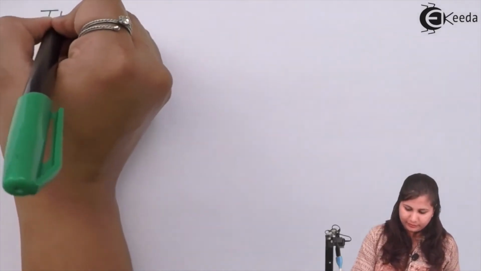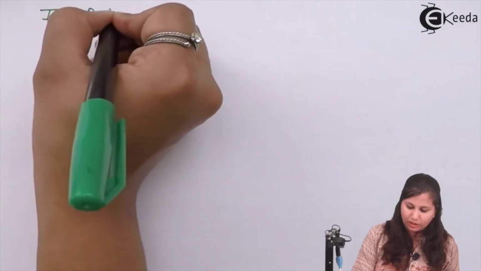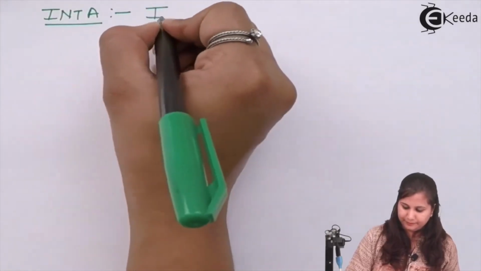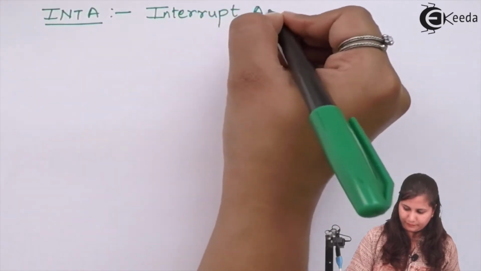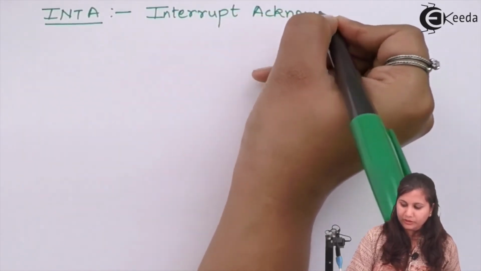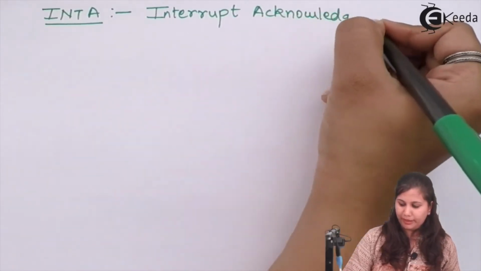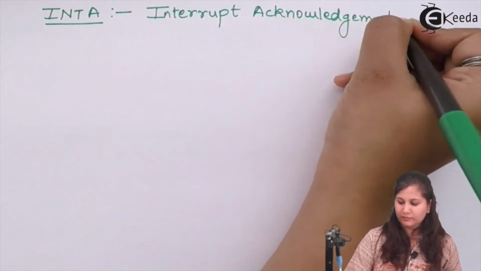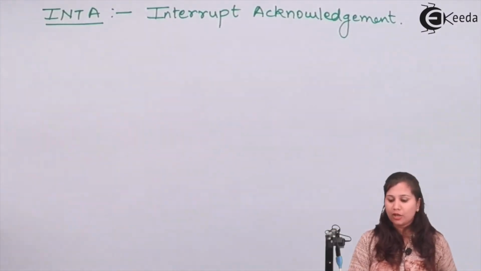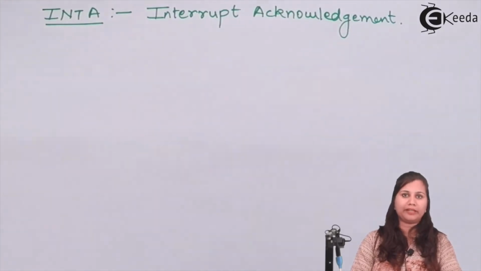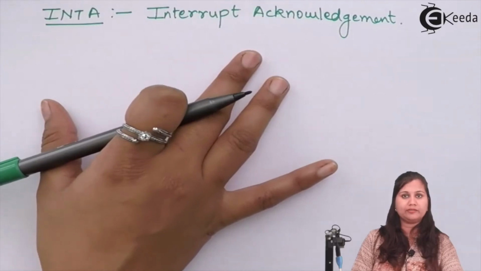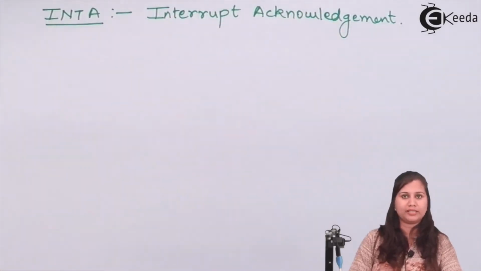Then we have INTA, which is the interrupt acknowledge signal. Whenever the microprocessor is interrupted by the peripheral or some input output devices, in response to the interrupt request given by the peripheral devices, the processor generates an output signal which is known as the interrupt acknowledgement signal.